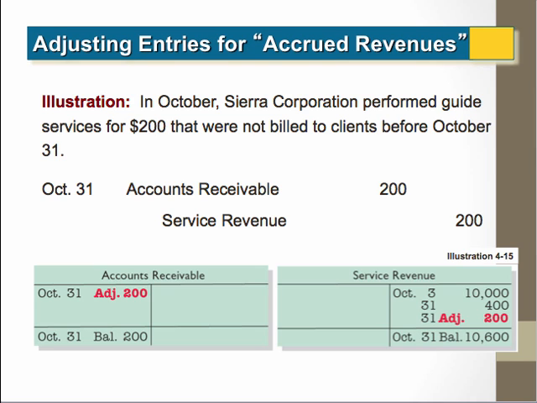So we need to increase the accounts receivable account by $200 with a debit, and we have to increase the revenue account by $200 with a credit. This adjustment would properly reflect the recognition of the service performed and that the customer owes us the money.